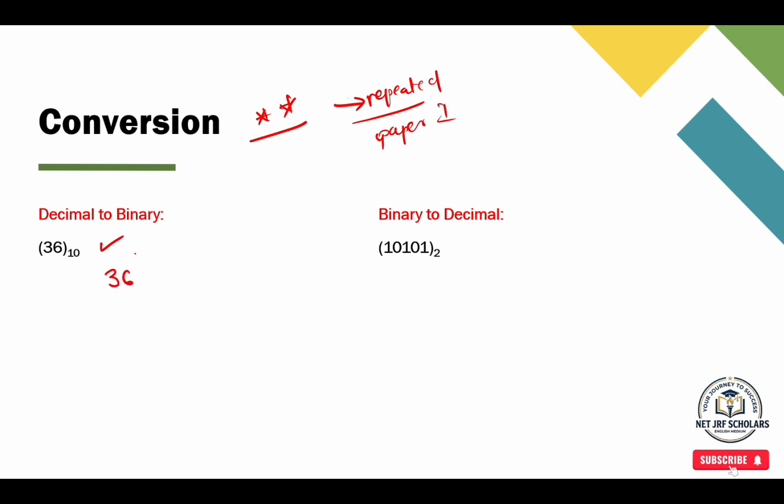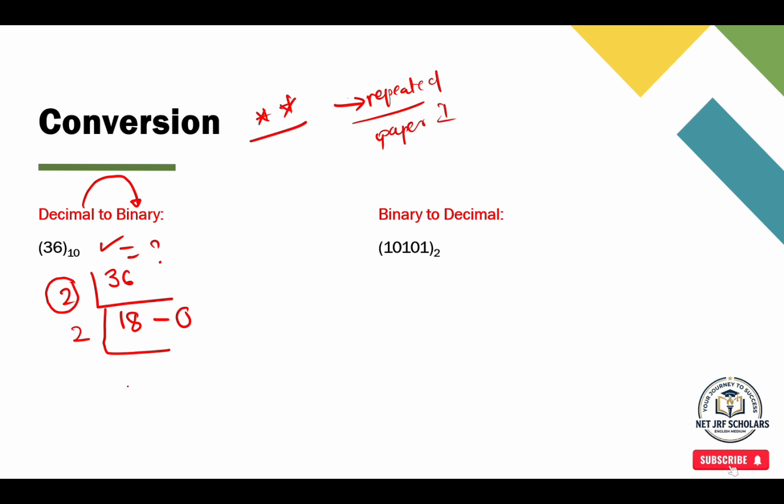Let's say there is 36. Now we will try to convert it and find the value in binary. We all know we have to divide by 2. Why do we divide by 2? Because we are converting into a binary number, so we need to take the base value of the binary number. So 2 18s are 36, and you are left with the remainder 0.